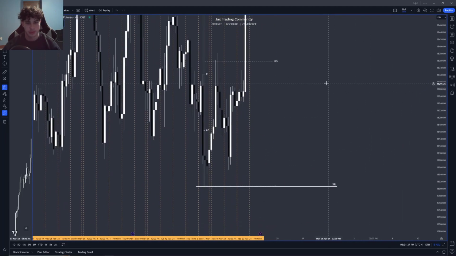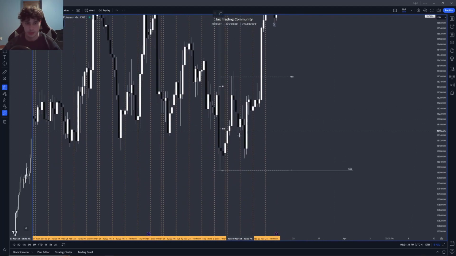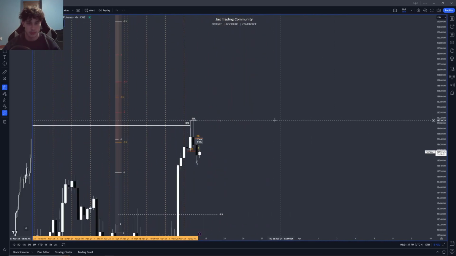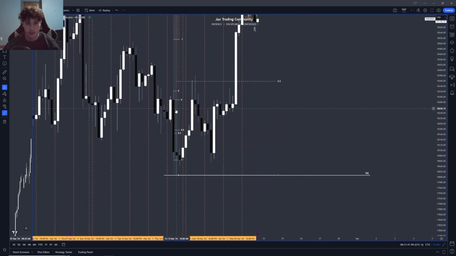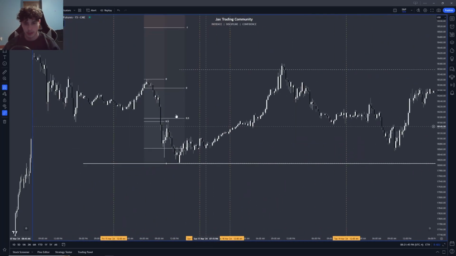Or you could have also drawn a manipulation leg, which would be this, but this is a big manipulation leg. I'll do it on these bodies here. Standard deviation. As you can see, we did not come right up to it. I don't really know how this would be marked. It would probably be marked on a little bit lower of a time frame.